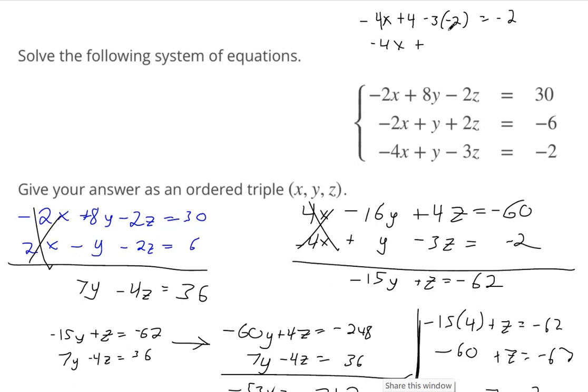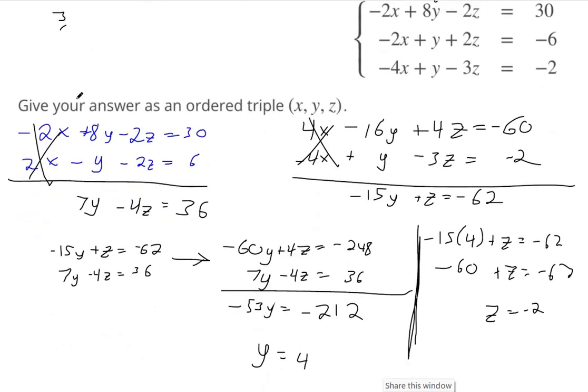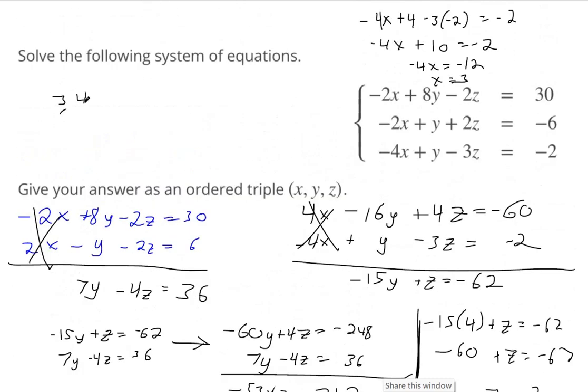So -3 times -2 is +6, so 4 plus 6 makes 10. So subtract that 10 from both sides. Divide both sides by -4, so x is 3. So there's our solution. We got 3, comma 4, comma -2. That's our x, y, and z solution.